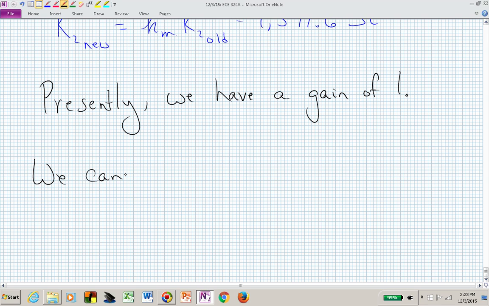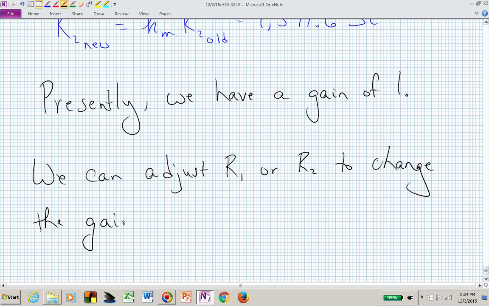We saw that we can adjust R1 or R2 to in fact change the gain. However, if we changed the gain by changing R2, we would also change the time constant or the cutoff frequency.